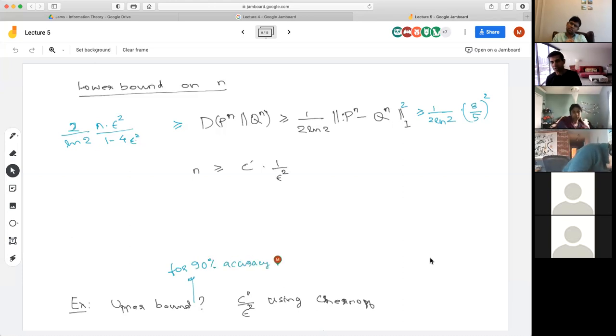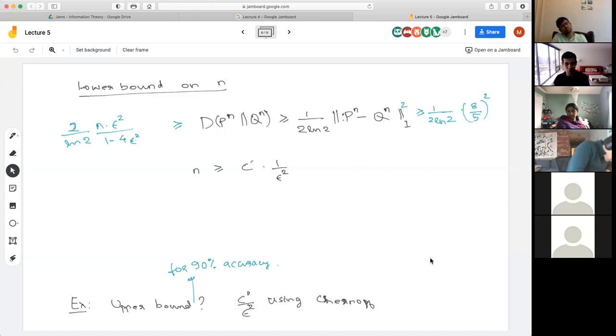So the more samples you get, the more your distinguishing probability can get close to 1. And we said that if you want to hope for 90% accuracy, you need at least some constant times 1 over epsilon square samples. And I claim that you can also achieve 90% accuracy with maybe some other constant times 1 over epsilon square samples.